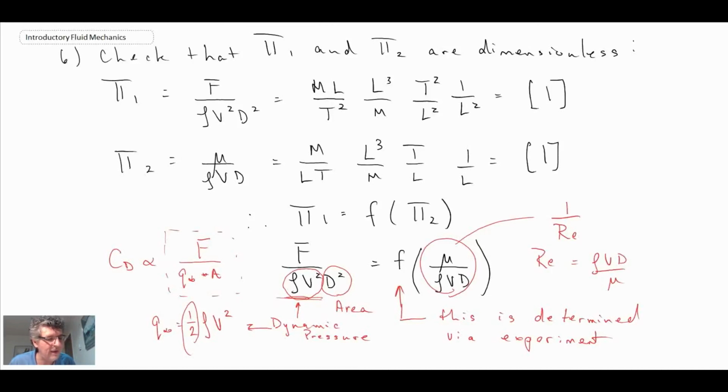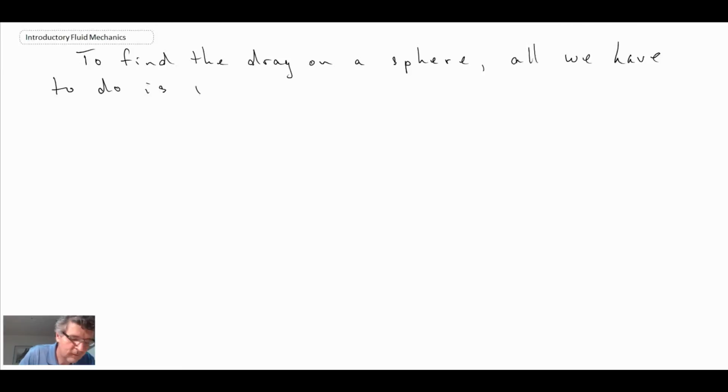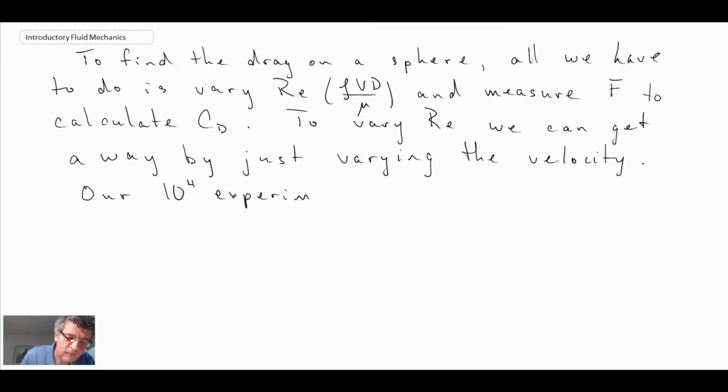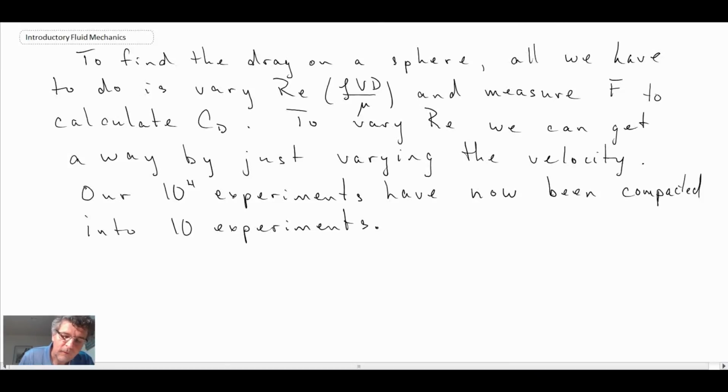And so you can see the efficiency in the technique. I'll write it out in the next paragraph here, and then we'll discuss it. So what we have here is that by going through Buckingham Pi, we've been able to show that CD, our drag coefficient, which we had as being proportional or related to force, rho v squared over d squared, or some area, was a function of 1 over Reynolds number.